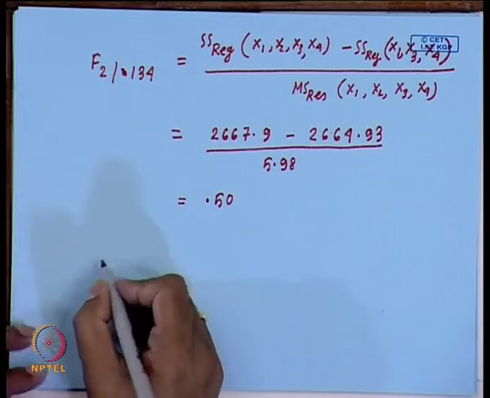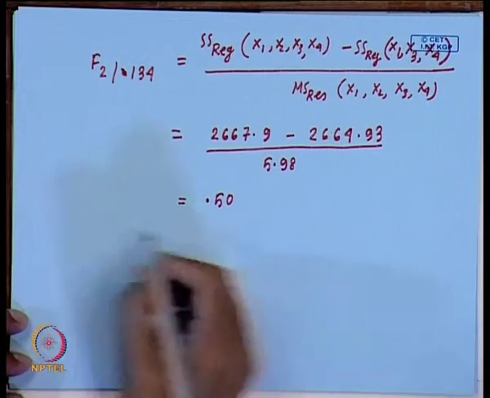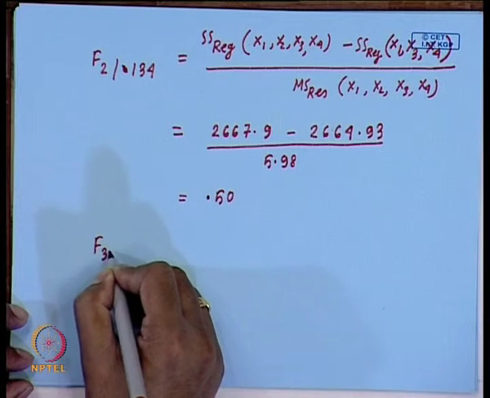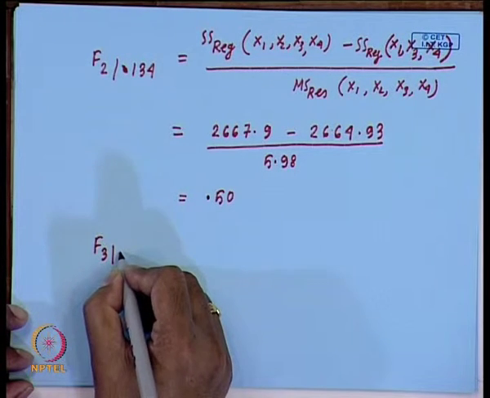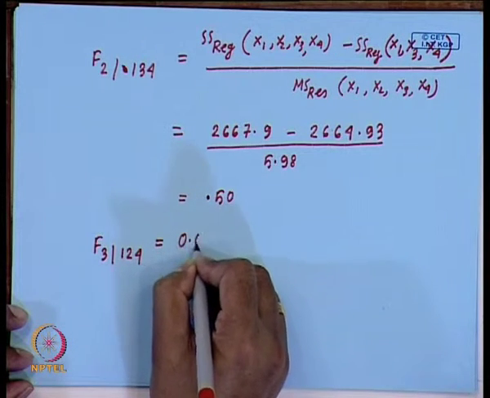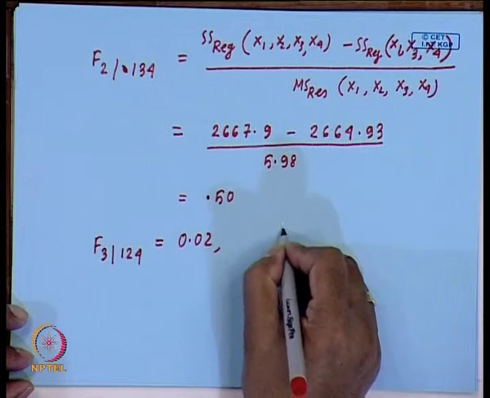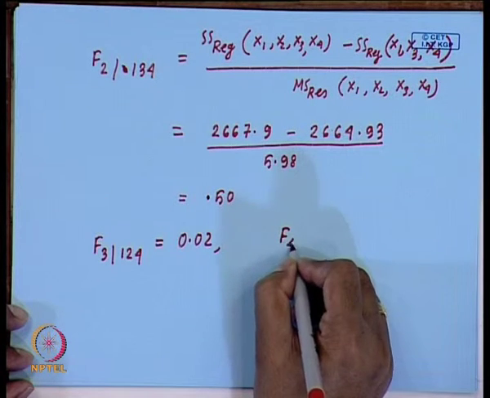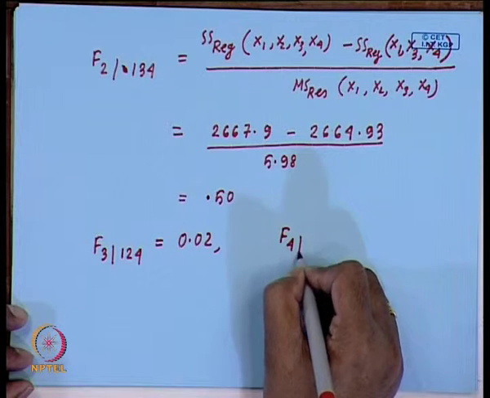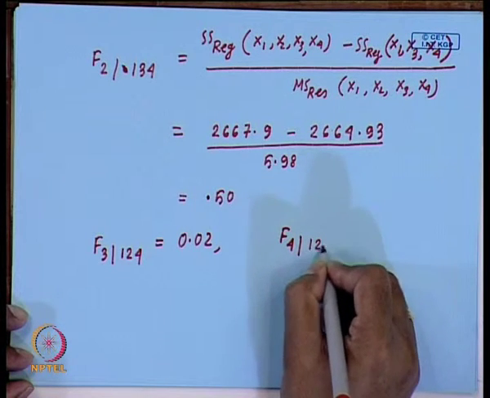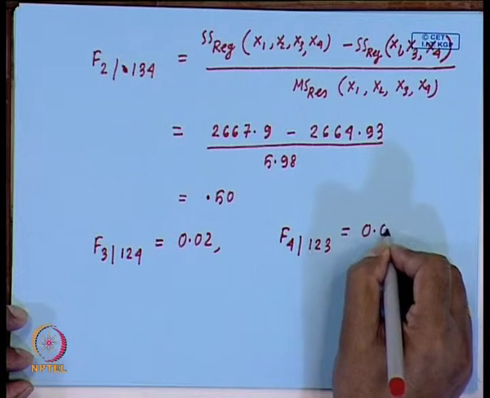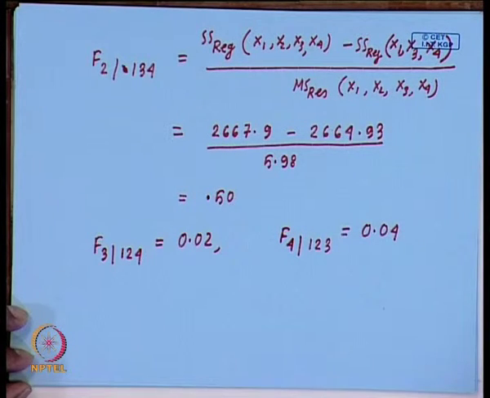Similarly, you compute, I am not going into the detail for the other calculation. So, F3 given 1, 2, 4, you can check that this is equal to 0.02 and F4 given 1, 2, 3 is equal to 0.04.